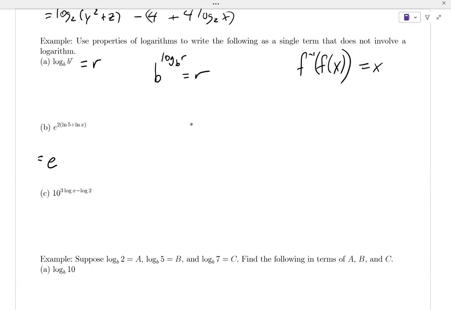Let's do that first. What would you do first to combine the logarithms in the exponent? Good. Natural log of 5 times x, right? I've got a sum of the logs, so we can combine them as multiplication. So you'd have 2 natural log of 5x, like that.